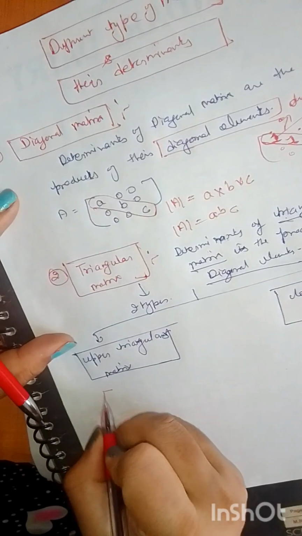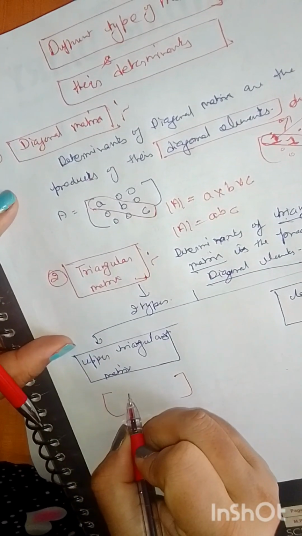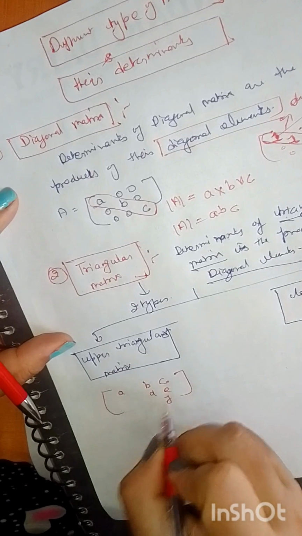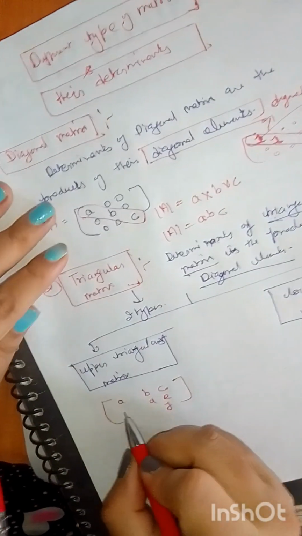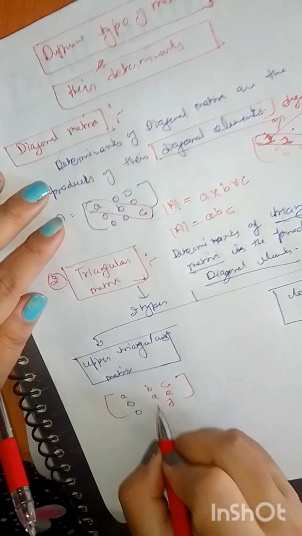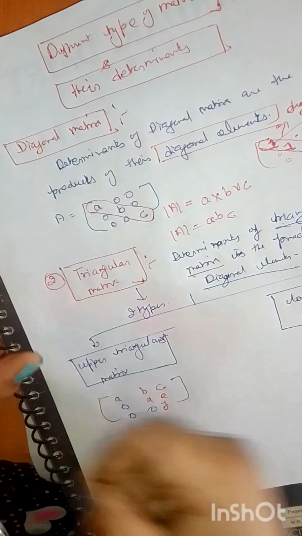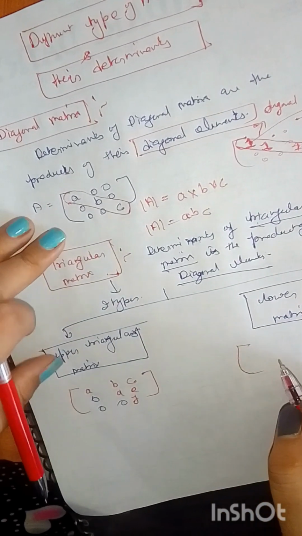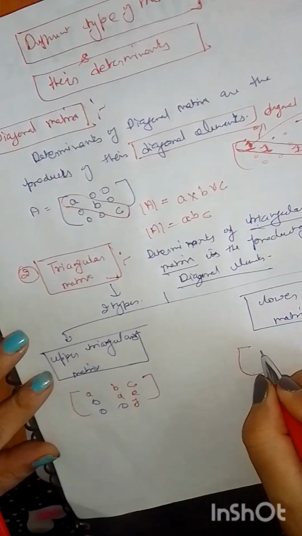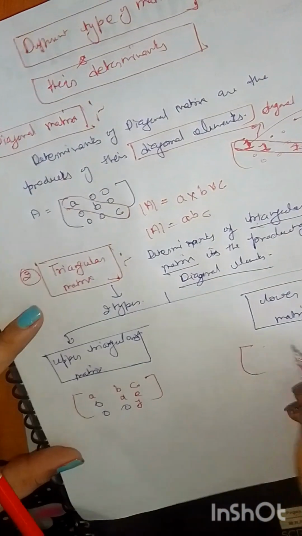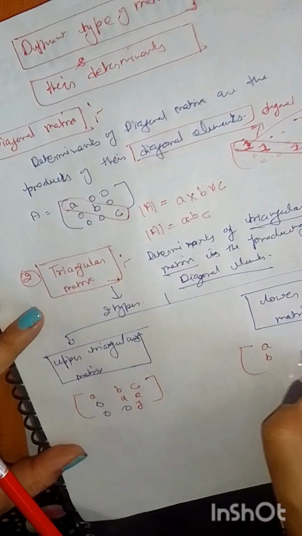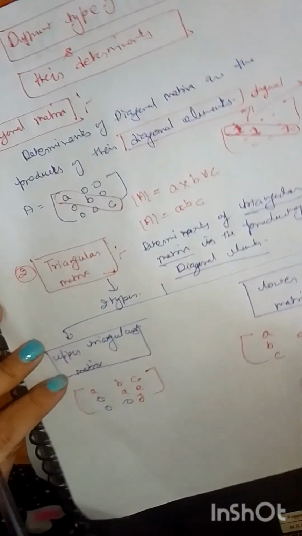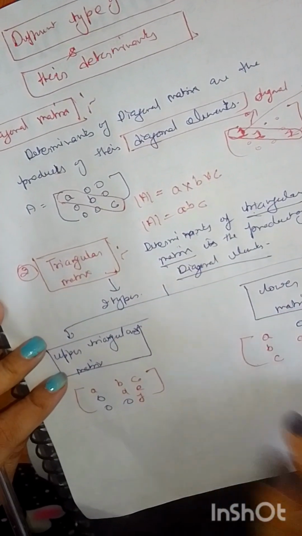Let's suppose this is a, b, c, d, e and f, with 0, 0, 0 below. Again, what is a lower triangular matrix? a, b, d, c, e, f, and again 0, 0, 0 comes on the other side.